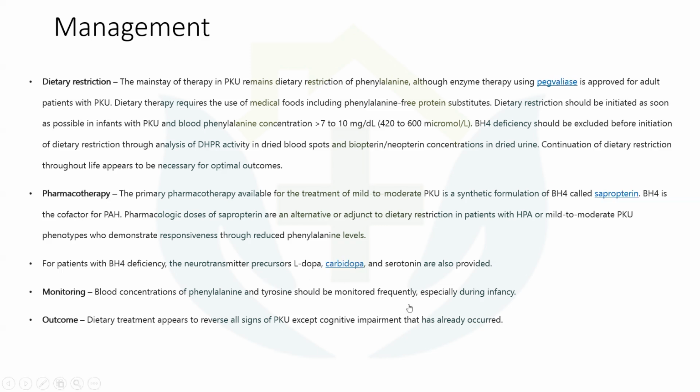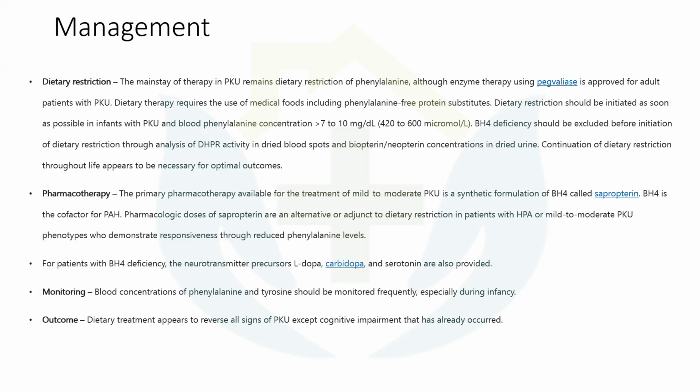if the patient has mild to moderate phenylketonuria, the synthetic cofactor BH4 is available, which is called sapropterin. That can be added as an adjunct to dietary therapy in mild to moderate PKU cases. Another thing is, for patients with tetrahydrobiopterin cofactor deficiency, deficient neurotransmitter precursors like L-dopa, carbidopa, and serotonin are also provided.